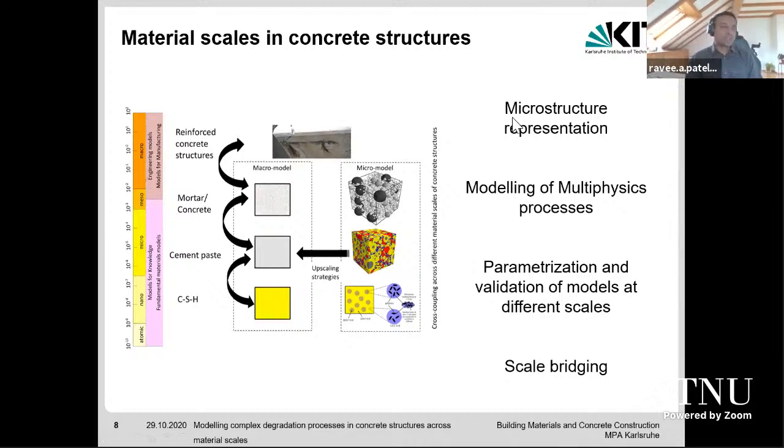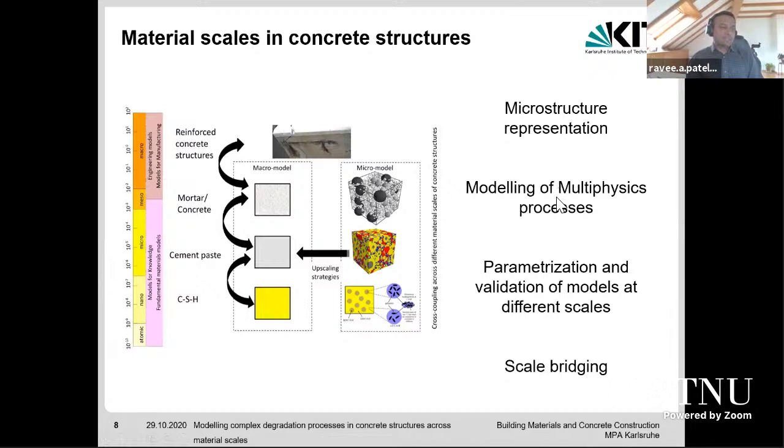Once we have microstructure representation, this is just the starting of the story. Then we would like to know how the material evolves over time. This requires a set of models and tools which can allow us to simulate the evolution of material over different time scales and accounting for different physics.